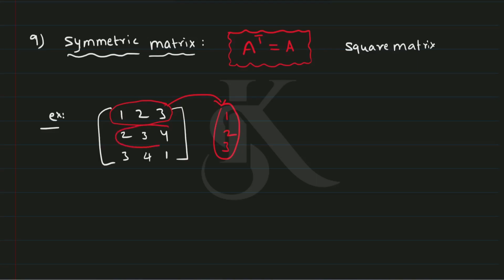The next row we write as another column: 2, 3, 4. And 3, 4, 1. Like that, if the transpose is the same as the original matrix, then we call it a symmetric matrix.